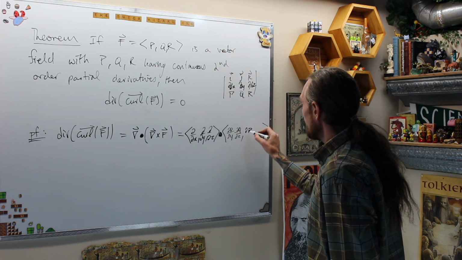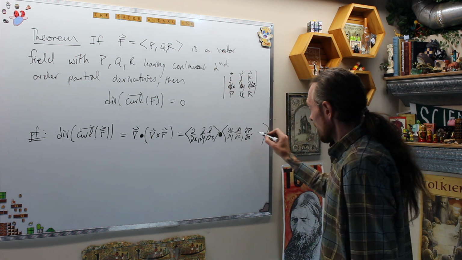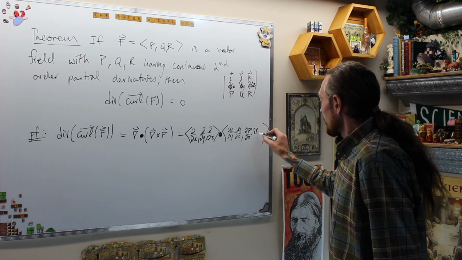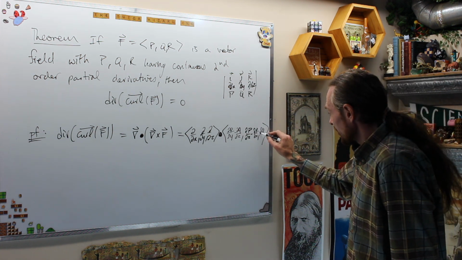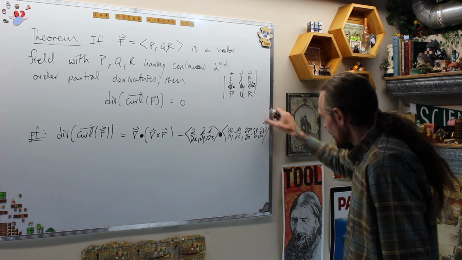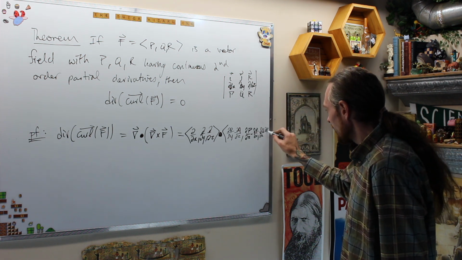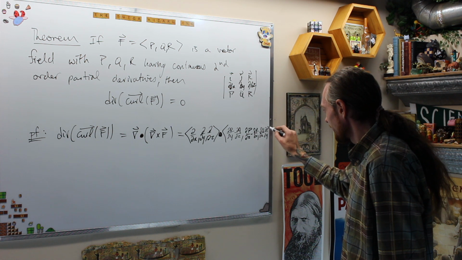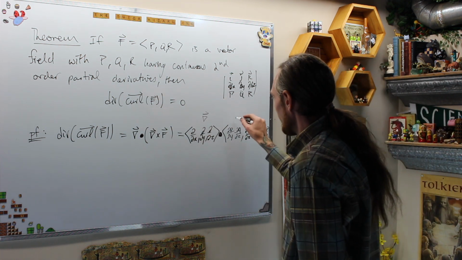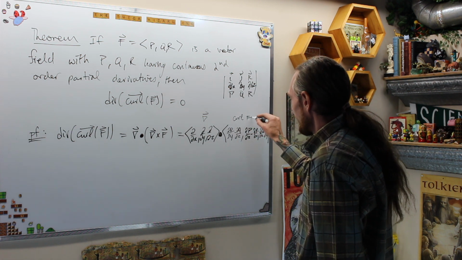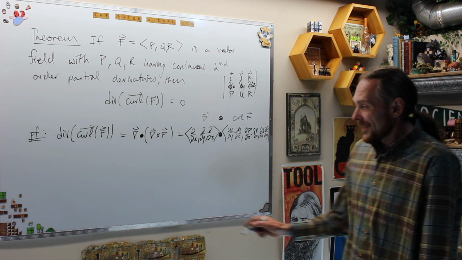So the partial of p with respect to z minus the partial of r with respect to x, and then the last one is the partial of q with respect to x minus the partial of, oh, we need a bigger board, p with respect to y. That's curl. This is del. This is curl f.